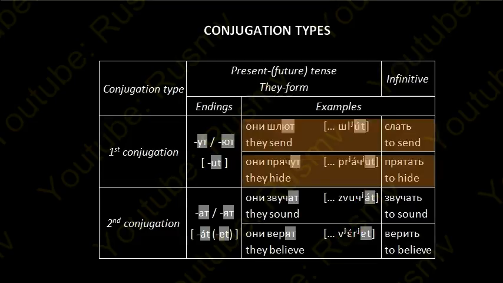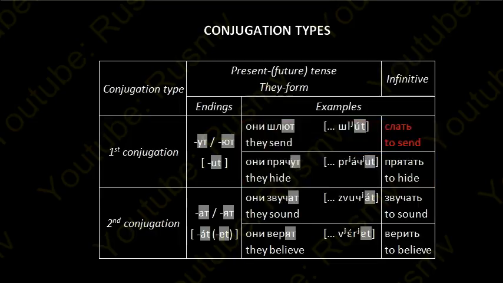Let's now consider some examples of the first conjugation. We take the verb слать, to send. The they form of this verb is они шлют, they send. It has the pronounced ending ut, and the written ending variant with the letter u, because this verb belongs to the first conjugation.